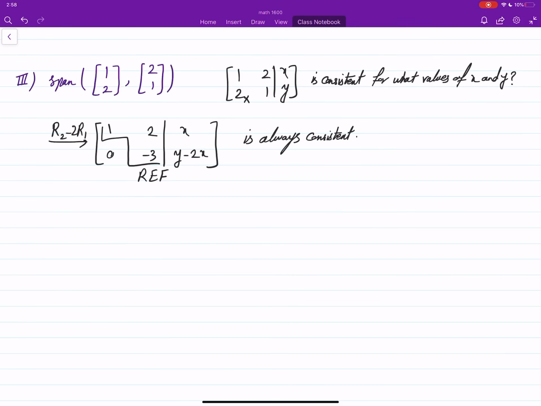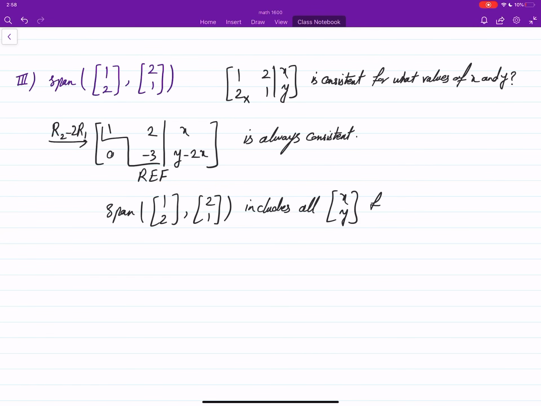In other words, the span of 1, 2 and 2, 1 will include all the vectors of the form x, y for all x and y. This means that the whole R2 is actually the span of these two vectors.